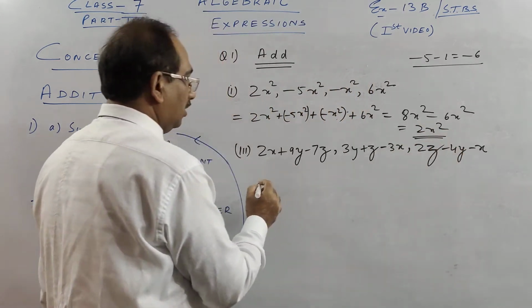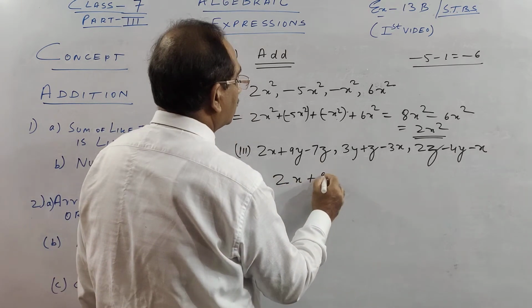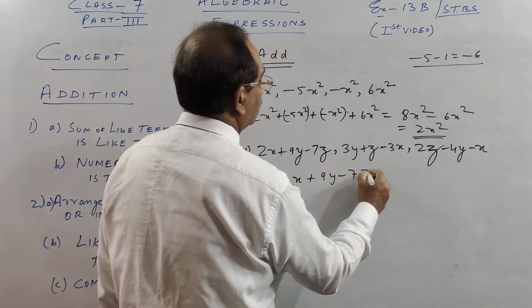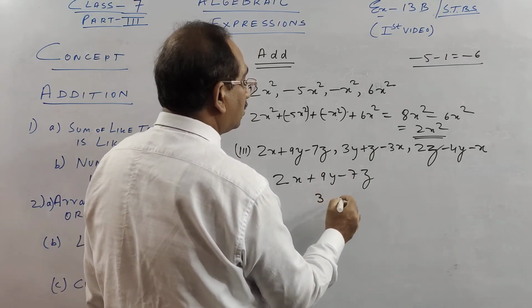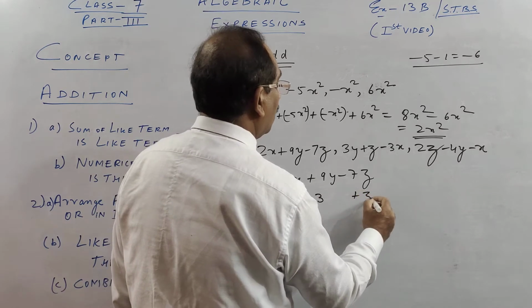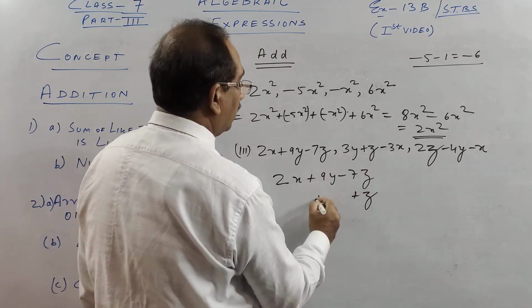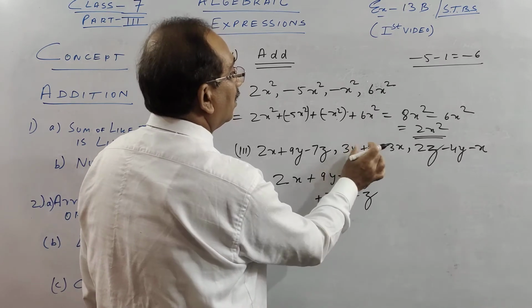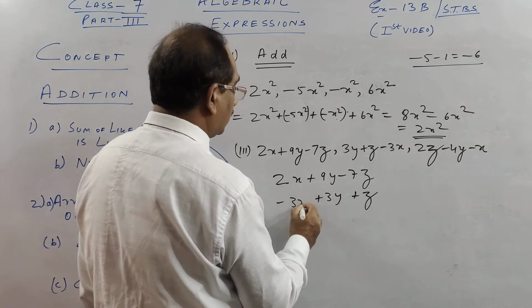Now here you see, write 2x plus 9y minus 7z. Under y, we write 3y; under y, we write y; z we write under z, and x will come here.